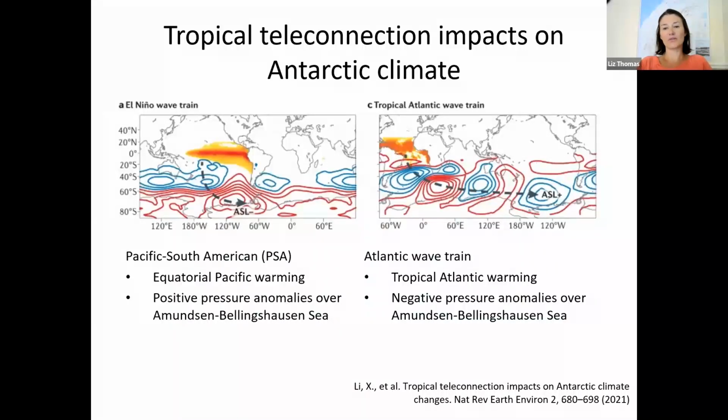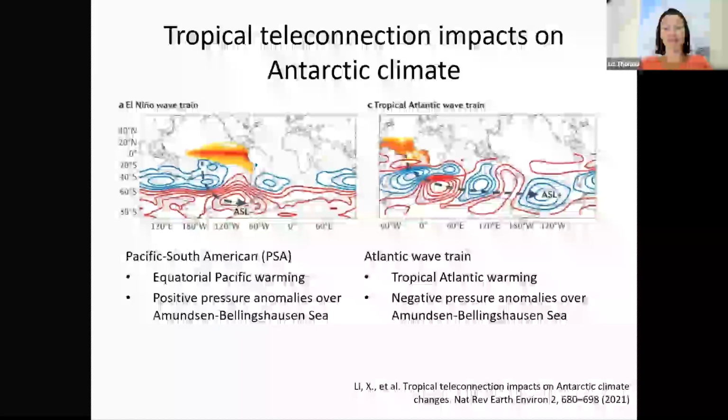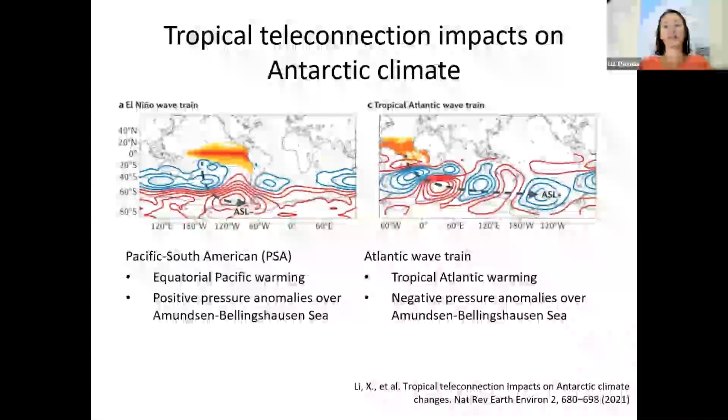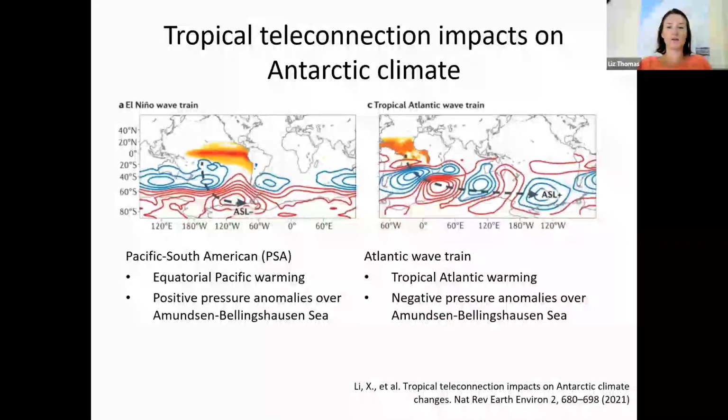Again, I'm not going to go through this, because I just wanted to put this up and say we're really fortunate that we now have this fantastic review of all of the tropical teleconnections and how they impact Antarctica. So this is a really good base to start from. I won't go into detail, but my focus has been working very much on ice cores from the Antarctic Peninsula and West Antarctica.